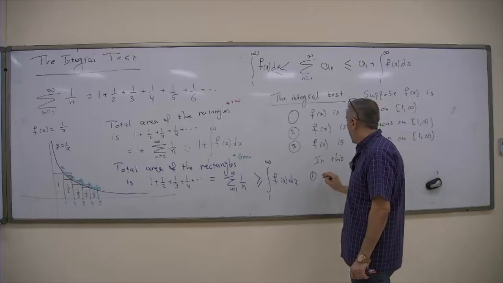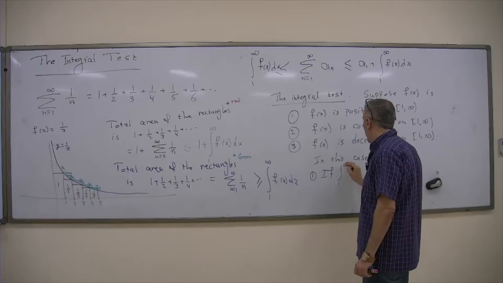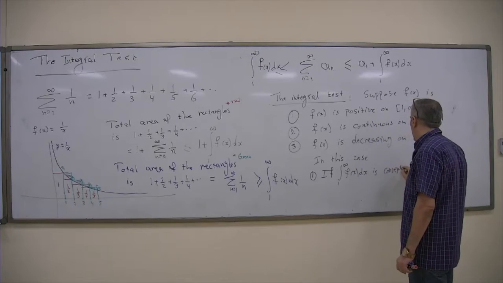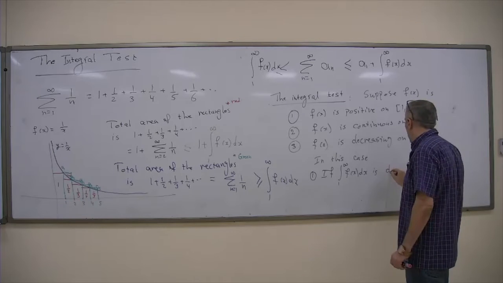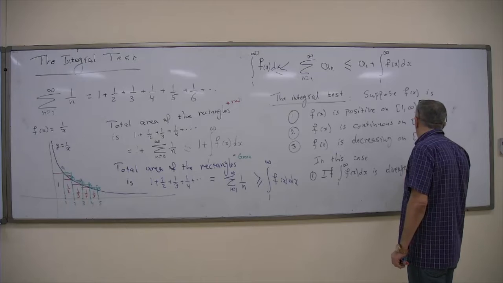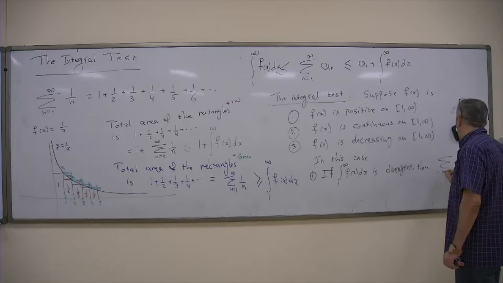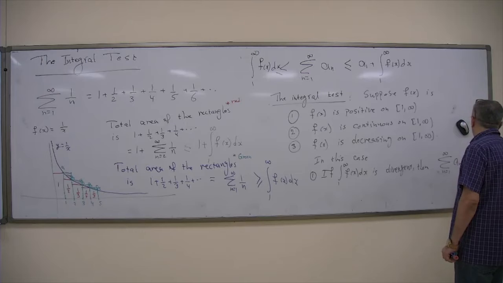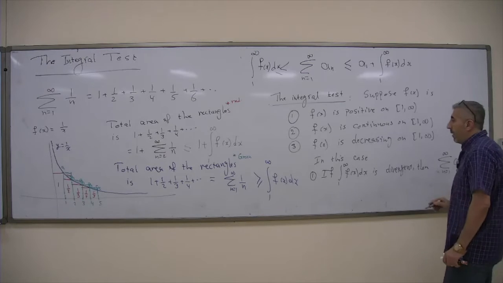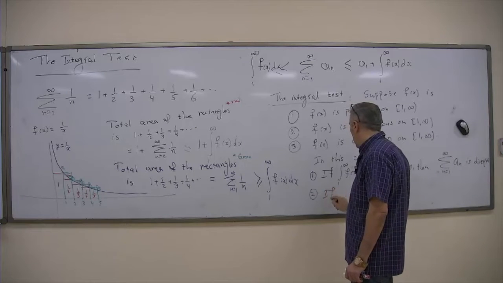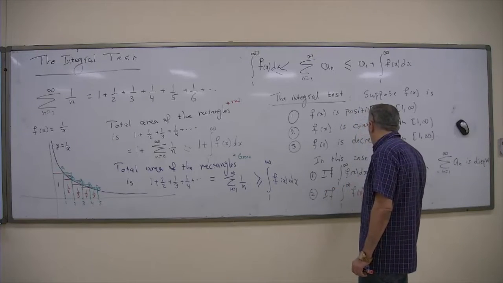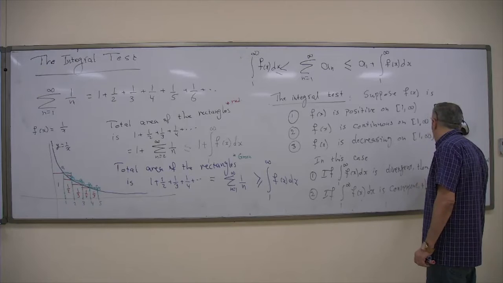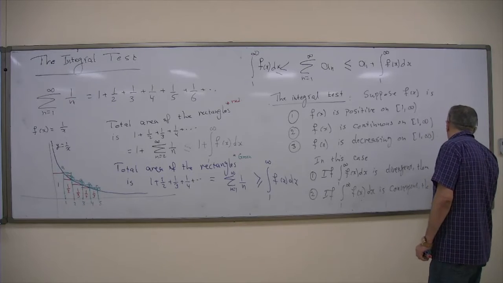In this case, if the integral from 1 to infinity of f of x dx is divergent, the smaller one here is divergent, then the summation a_n is divergent. 2, if the integral from 1 to infinity of f of x dx is convergent, then the summation is convergent.